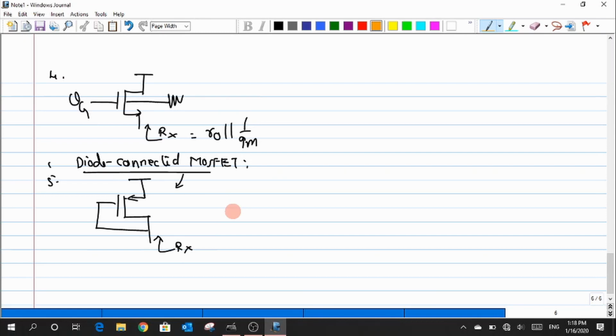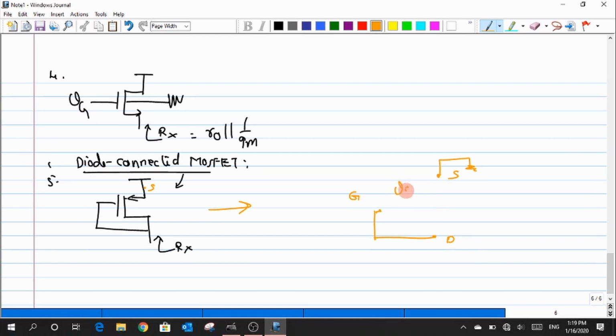I'll just redo the same for the sake of this recording. First I try to draw the small signal model of this. I pick my source, which is connected to the ground, and there is a drain and a gate, and this gate is shorted to my drain.